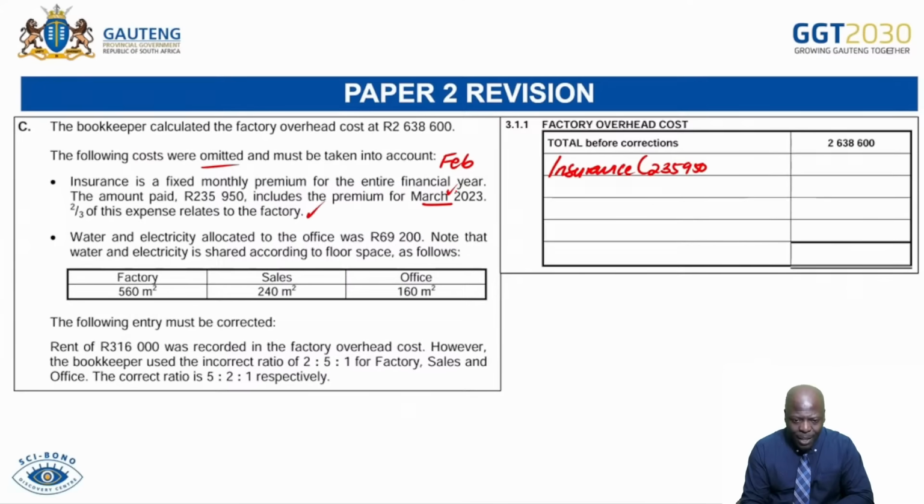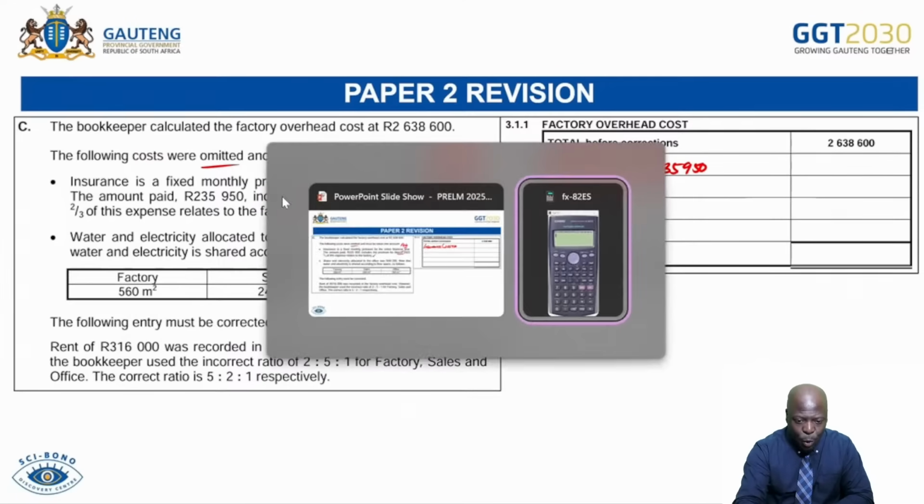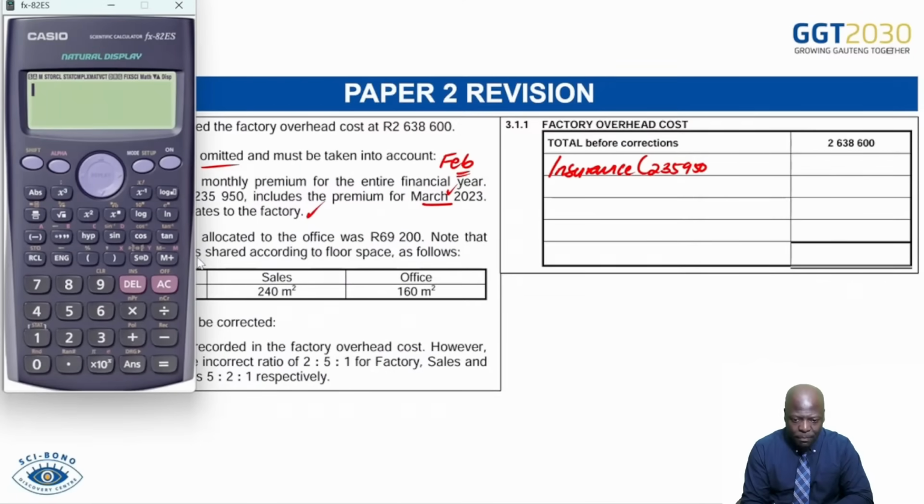So we know that we must have only up to February, but if it includes March, that means we have 1 month extra. So we come to our calculator and take the amount, 235,950, and divide that by 13. You're going to have 18,150.